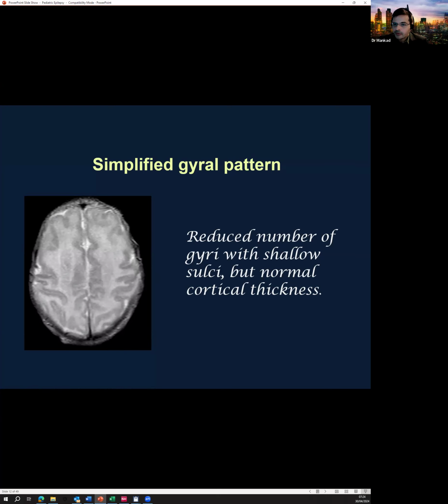Cortical thickness looks all right, but the number of gyri is still less compared to what we should expect. Now, the compared to what we should expect will come from keeping a normal next to it. And the more you look into scans, the more you look at normals, getting the handle right will enable you to describe what is abnormal.